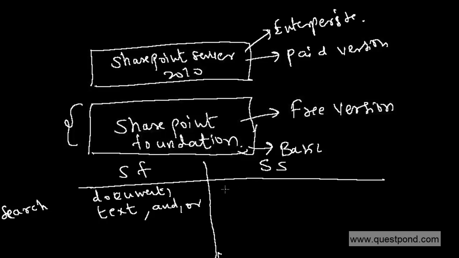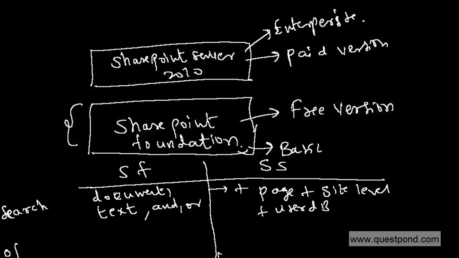But in SharePoint Server, you can definitely do all these things, and in addition to that, let's say you want to search within a page, or search throughout the site with a site-level search, or search only in the user database. So the search requirement in Foundation is very basic, whereas in SharePoint Server it is a bit more advanced, with more features, on the page level, on the site level, or on the user database.